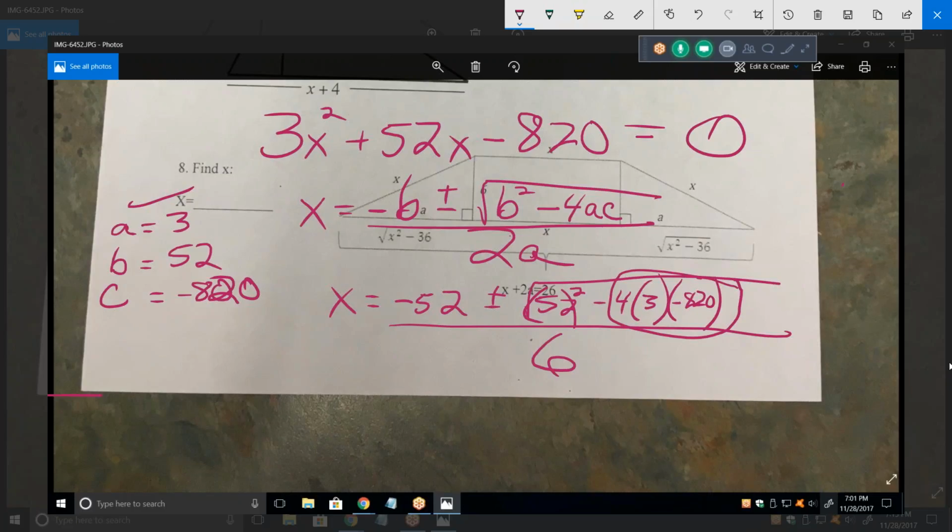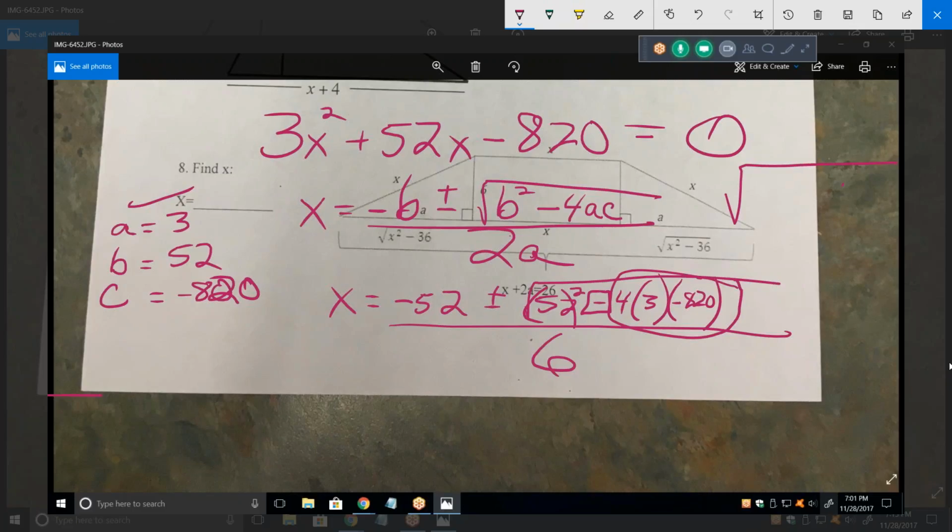If I do negative 4 times 3 times negative 820, stop for a moment. Don't ever put the negative sign inside that circle. That is subtraction, first of all. That's not negative 4. That is 52 squared minus whatever result you get when you do these 3 numbers. So what is 12 times minus 820?